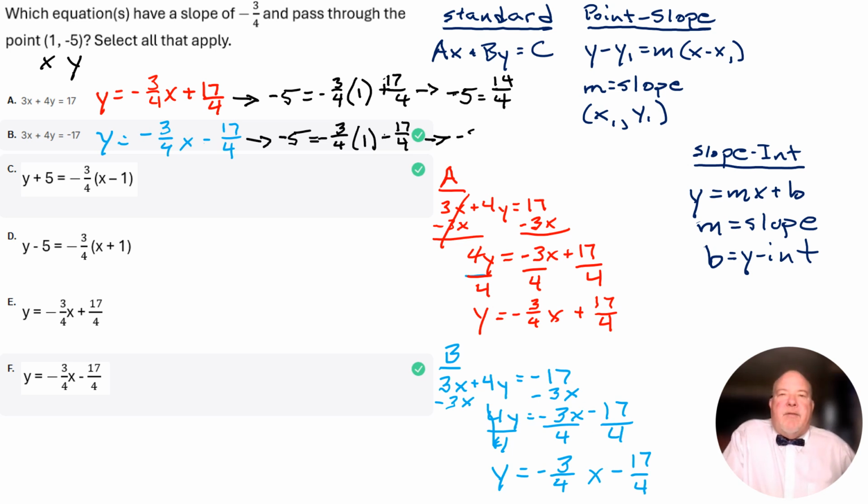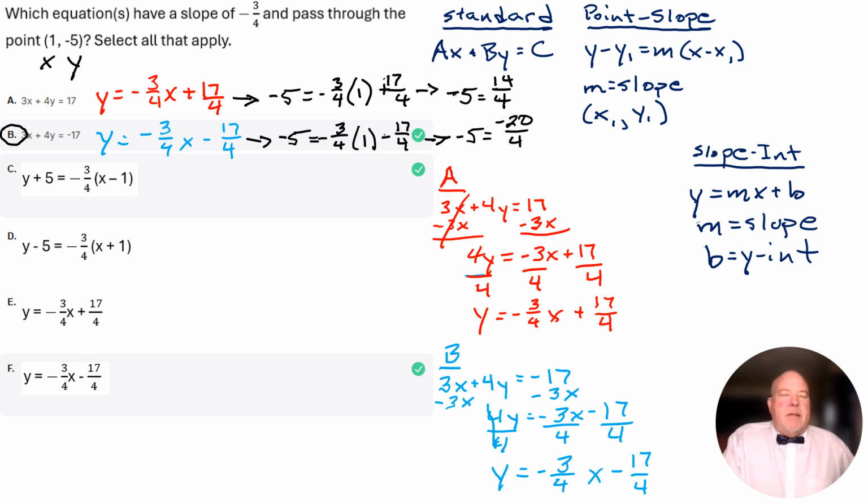So I have negative 5 equals negative 20 over 4. And negative 20 over 4 simplifies to negative 5. So it says negative 5 equals negative 5. So that one is good. So B is good. So if you're thinking, man, this question is a lot of work, you're right. This is a lot of work for this question.